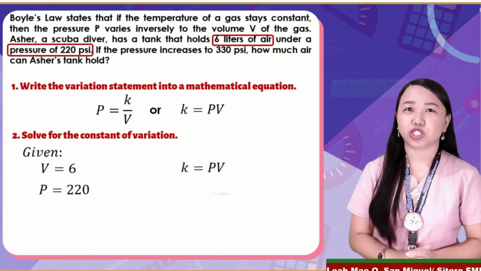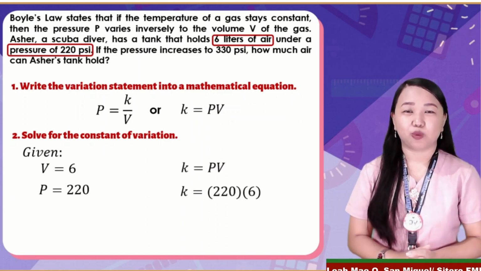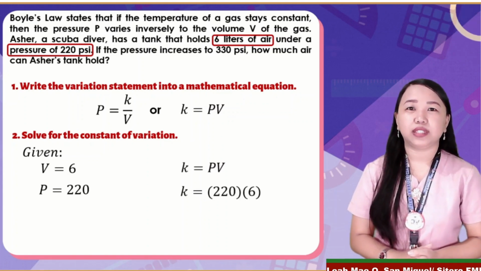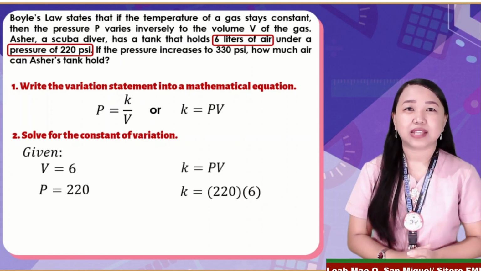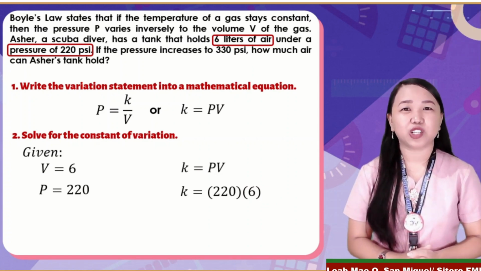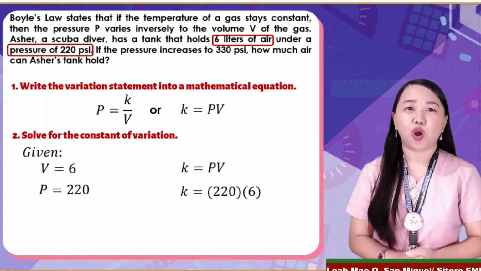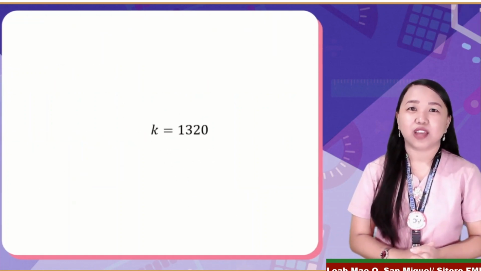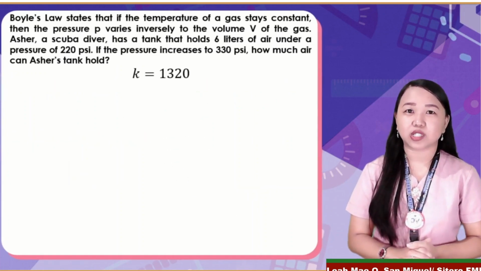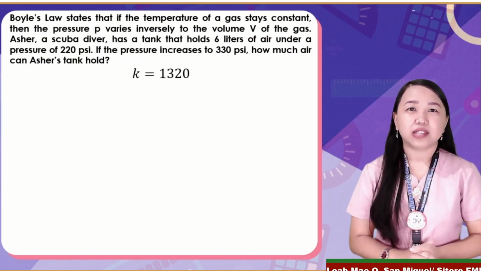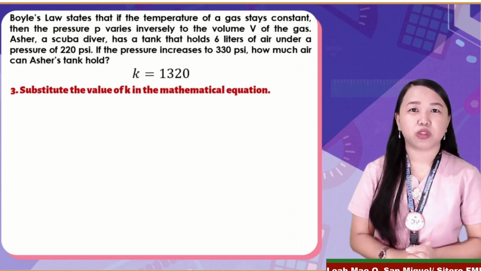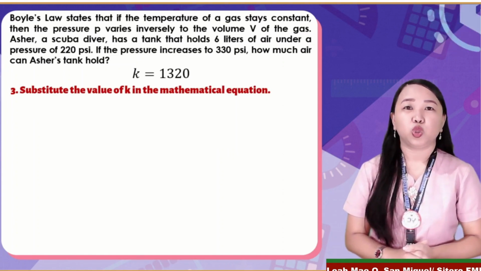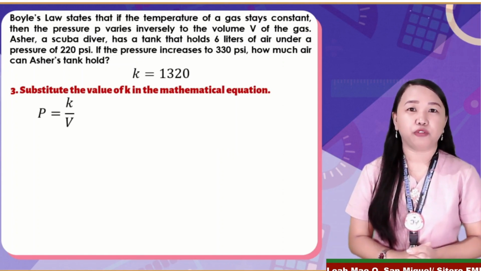By substitution, K is equal to 220 times 6. Simplify, 220 times 6 is 1,320. Hence, the constant of variation is 1,320. Then, substitute K equals 1,320 to P is equal to K over V.